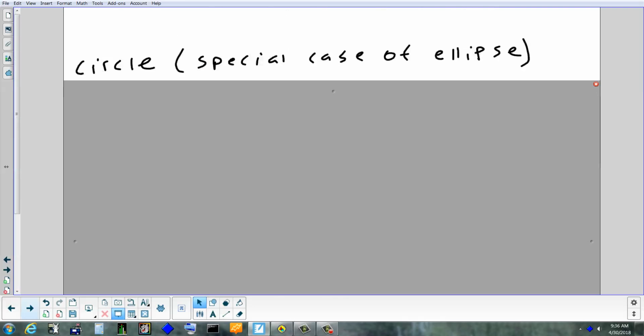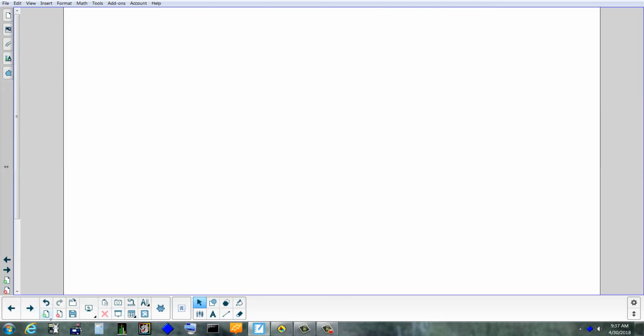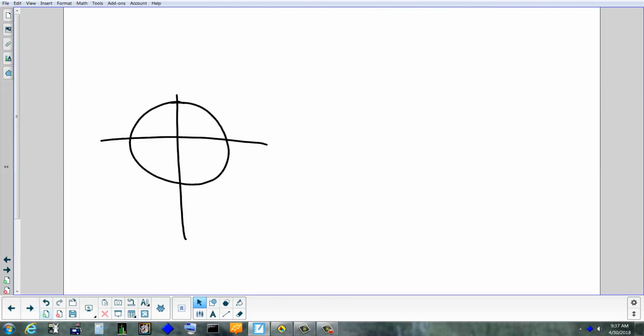So before we get to shifting the center, we'll talk about a circle, which is really just a special case of an ellipse. A circle is where the two foci merge into one. So what would happen in the case of a circle is, let's pretend, and you don't really call it this in a circle, that this is your major axis and that's your minor axis.